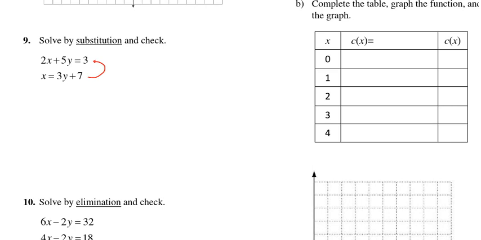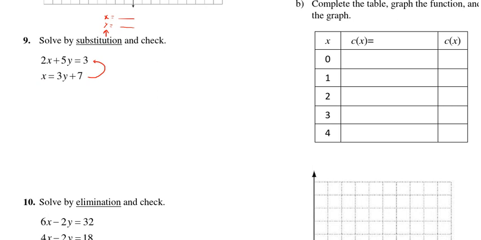Because for this substitution method, the first thing that you need is one of the equations to be solved for one of the variables. So you need either x equal to something or y equal to something, and then this equation is put into the other one. So we have x equal to something, so we're going to take this one and put it into the other equation. If you don't have this case, then you need to solve for x or solve for y, one of the equations.